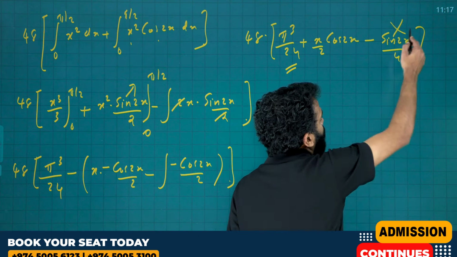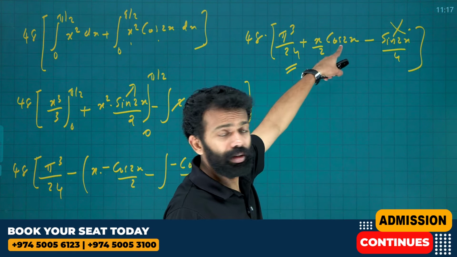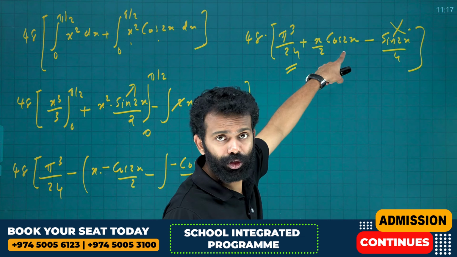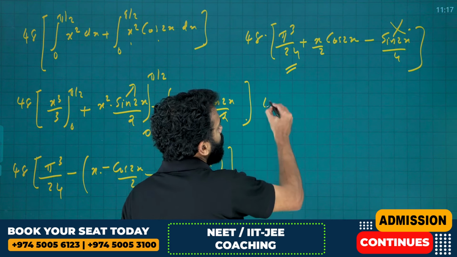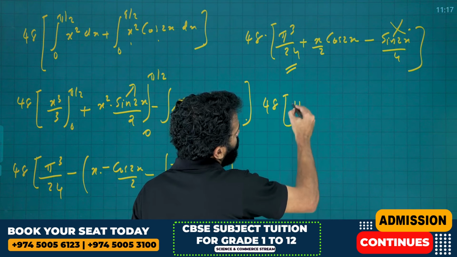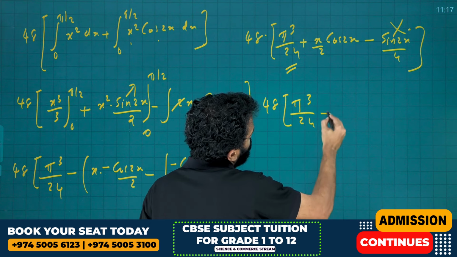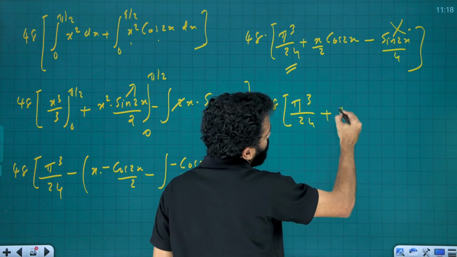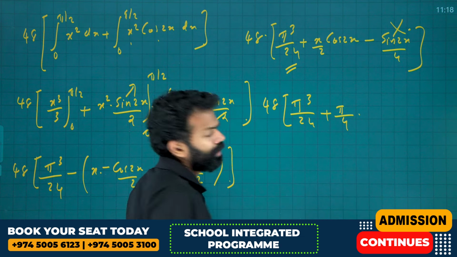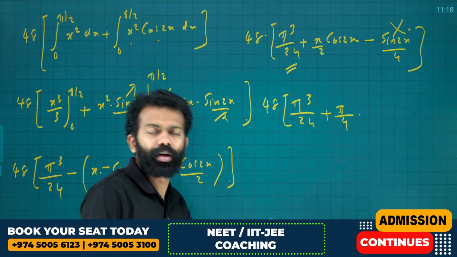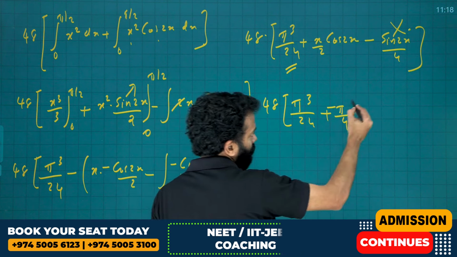Therefore, basically this got cancelled, and we need to evaluate the value of the integral by substituting just pi by 2 over here. Therefore, it will be 48 into pi cube divided by 24 plus, this is pi by 4 into, what is cos 2 pi by 2? That is cos pi. What is the value of cos pi? Minus 1. Therefore, we can put a minus here.